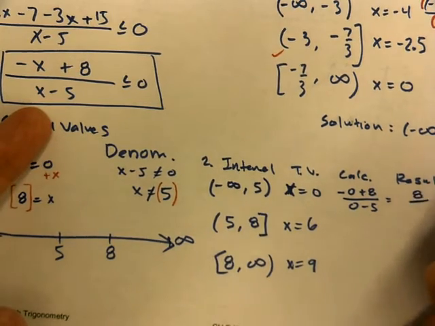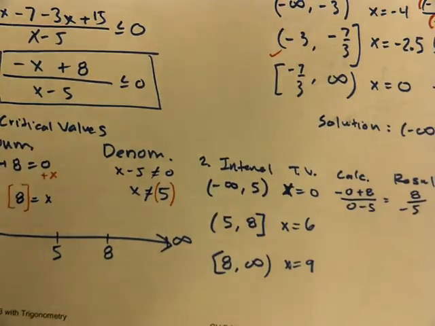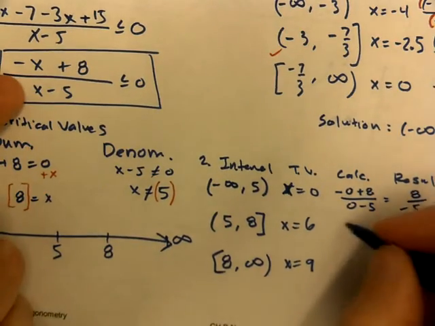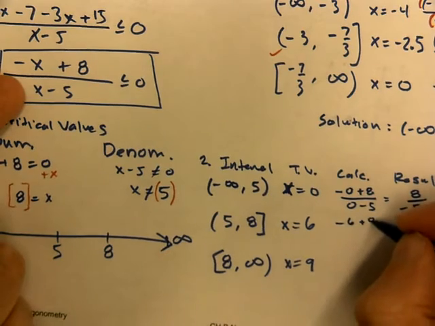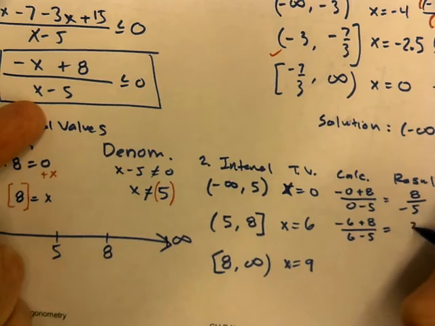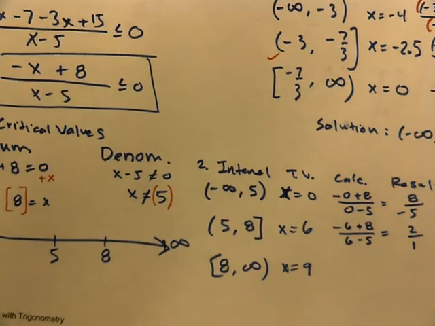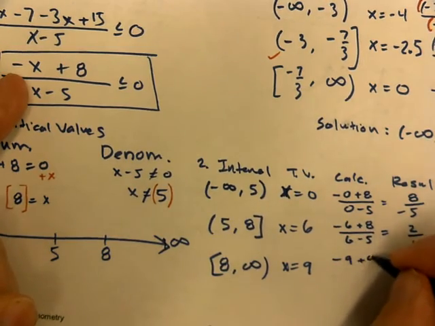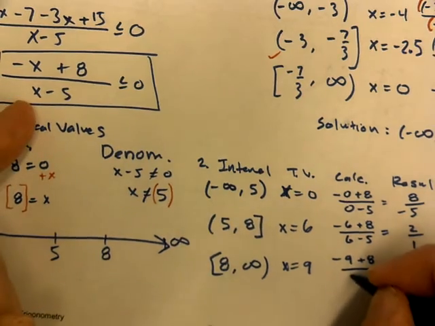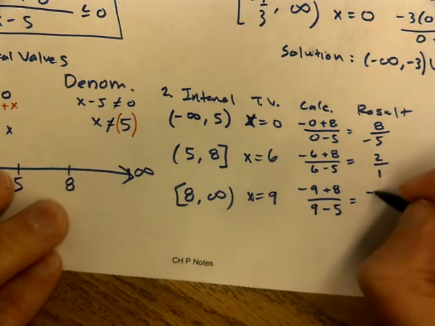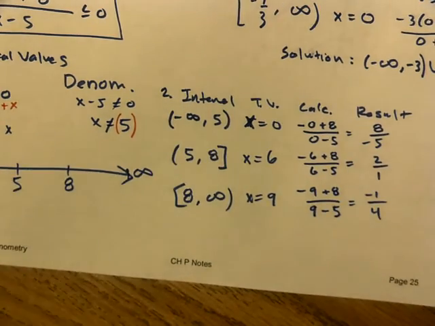So that gives me a result of 8 over negative 5. It's a negative fraction, in other words. All right, now with an input of 6, I will have a negative 6 plus 8 over an input of 6 minus 5. So that will give me positive 2 over positive 1. And then lastly, input of 9, so we will have a negative 9 plus 8 over input of 9 minus 5. Okay, so that will simplify to a negative 1 over 4.